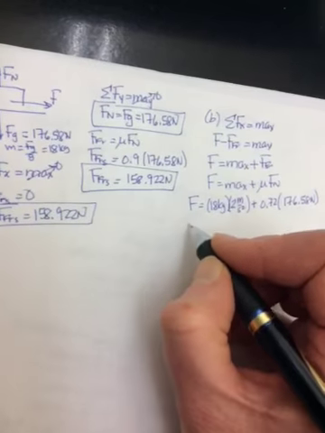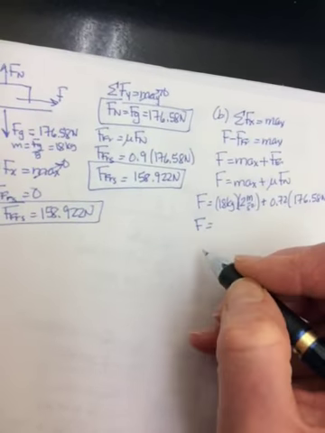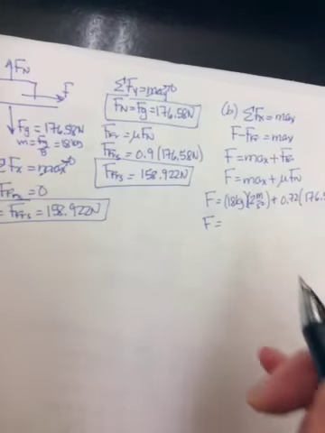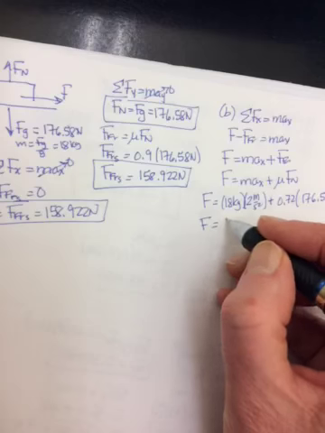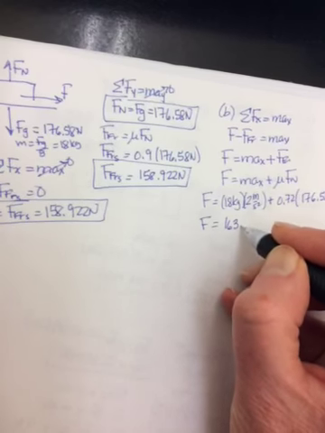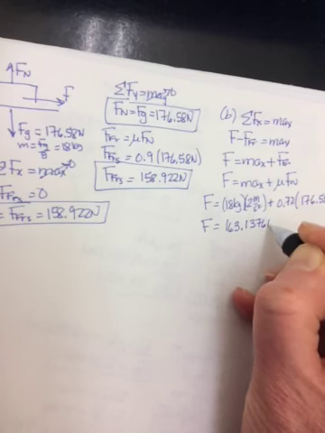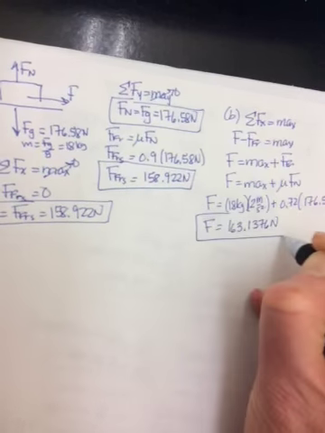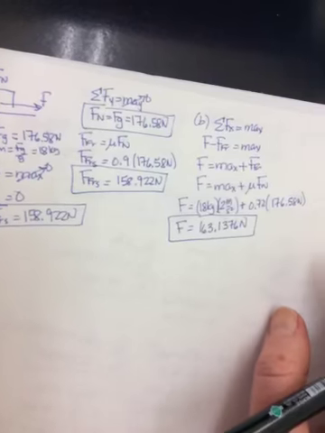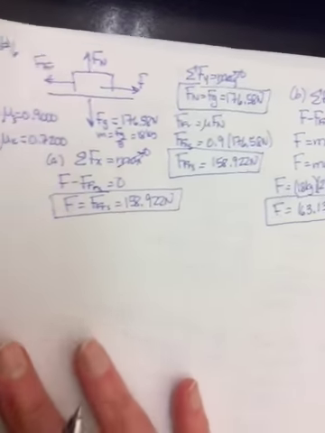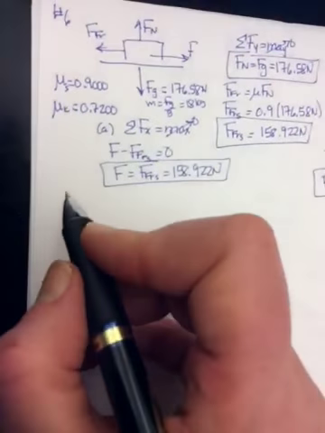First term is 36, second term is something bigger than 36 that I don't want to do in my head. And you should get an answer of 163.1376 newtons. That is the force you need to push with to keep it moving, accelerating it at 2 meters per second squared. Okay, so that's number 6.